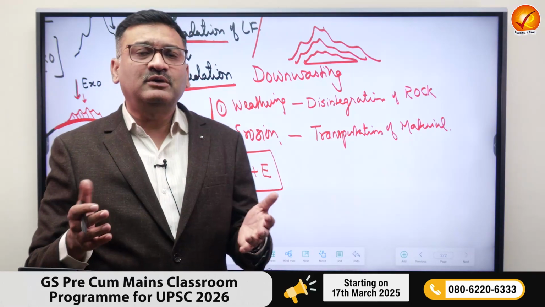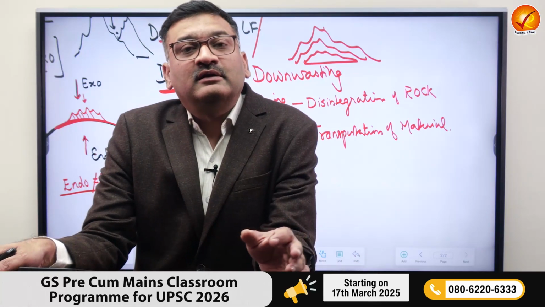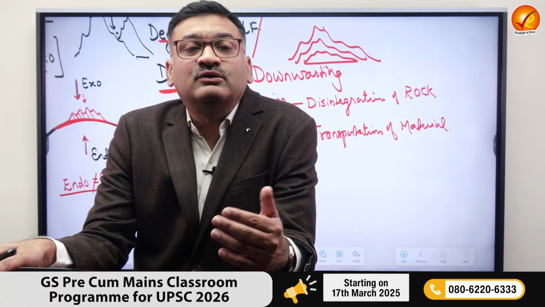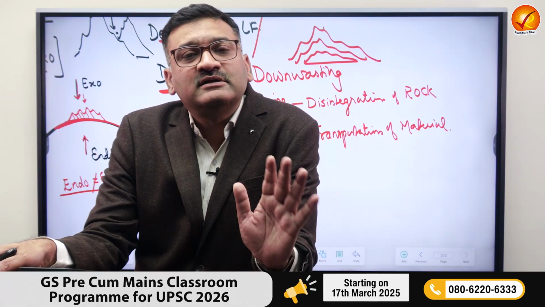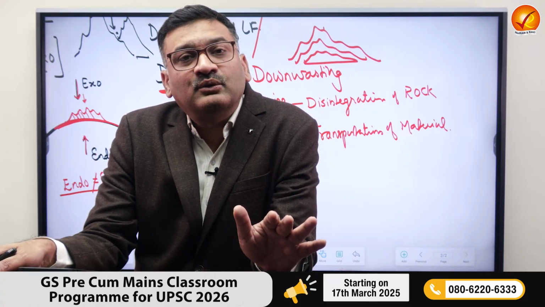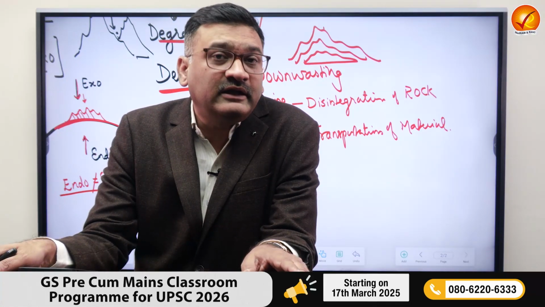So please try to understand this. When I use the word denudation, cycle, geomorphic cycle, all these have the same meaning. That is, the landform is undergoing decline in relief or getting degraded.